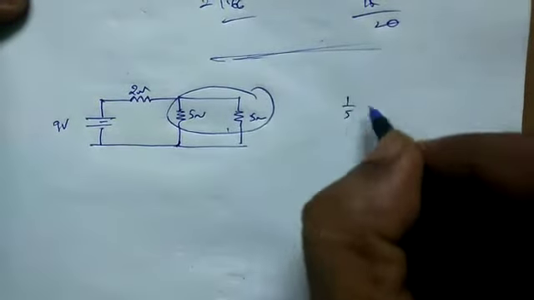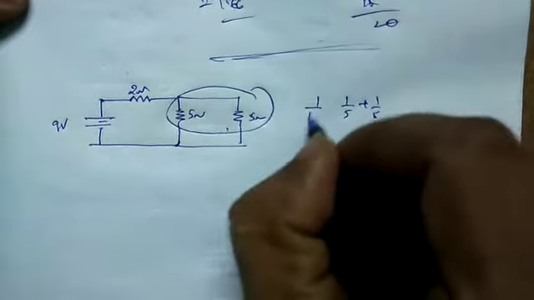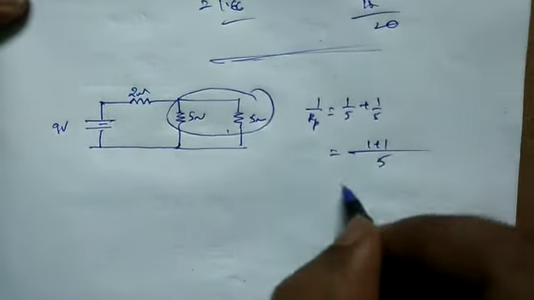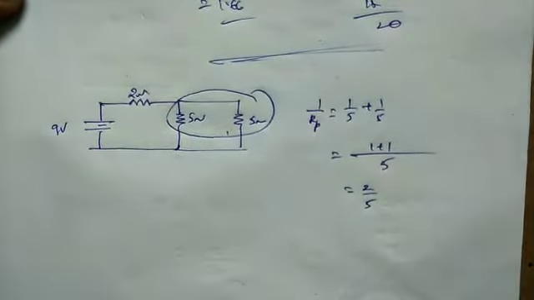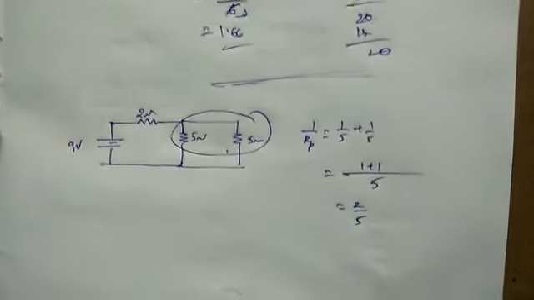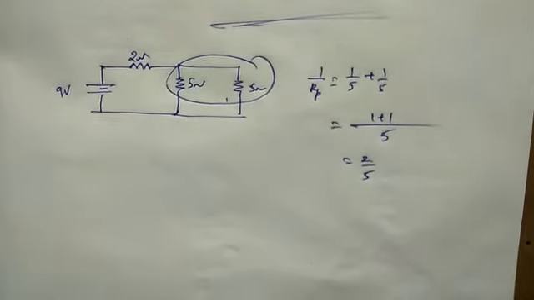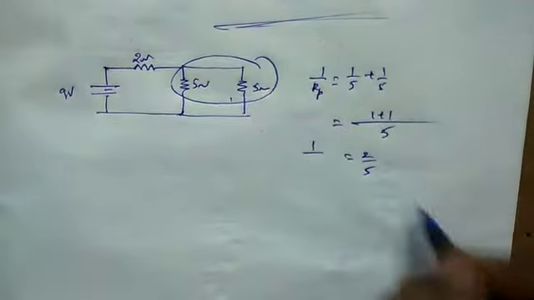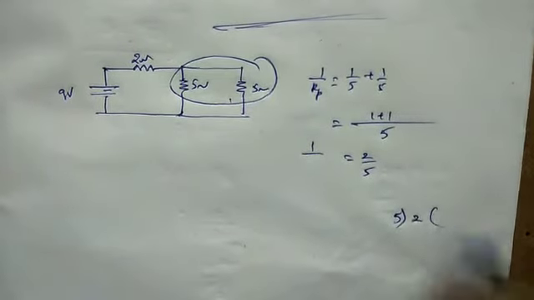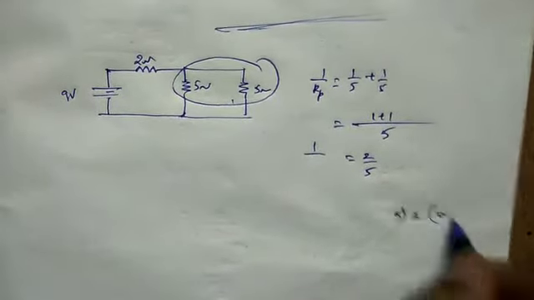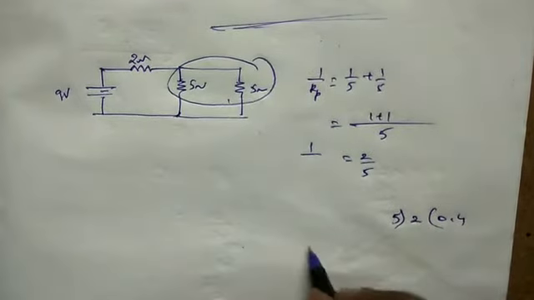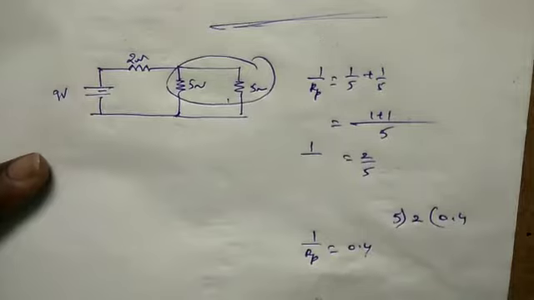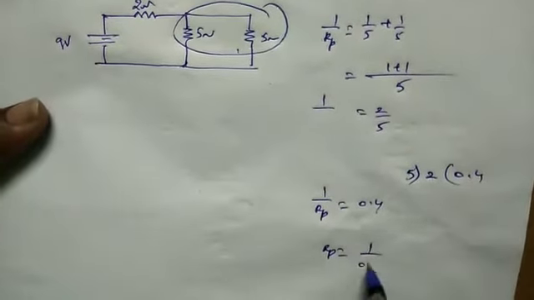So 1 by 5 plus 1 by 5. 1 by Rp is equal to 1 by 5 plus 1 by 5. 1 plus 1 is equal to 2 by 5. 2 by 5, or else 5 into 5 by 5 plus 5. Easily, 2 by 5 means how much? 2 fives are 0.4. 1 by Rp is equal to 0.4. 0.4 means Rp is equal to 1 by 0.4.